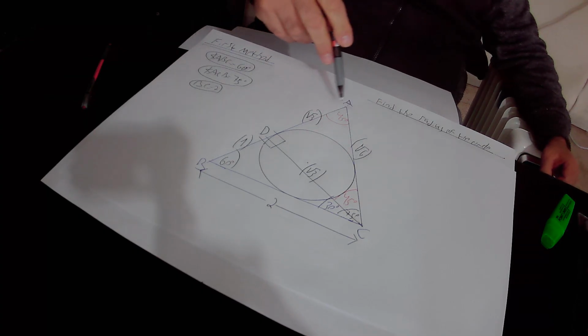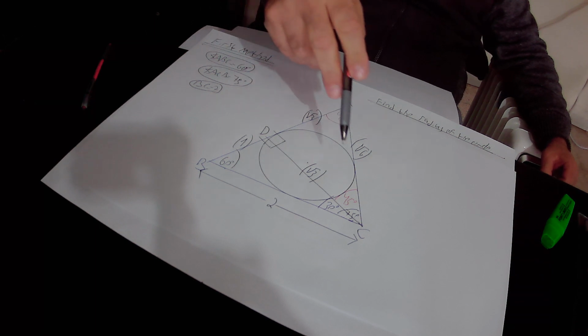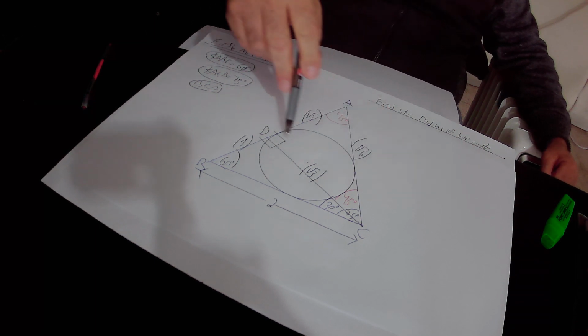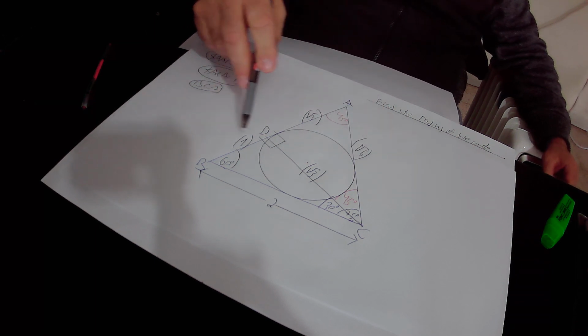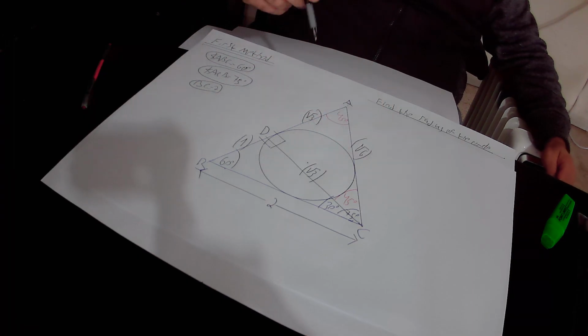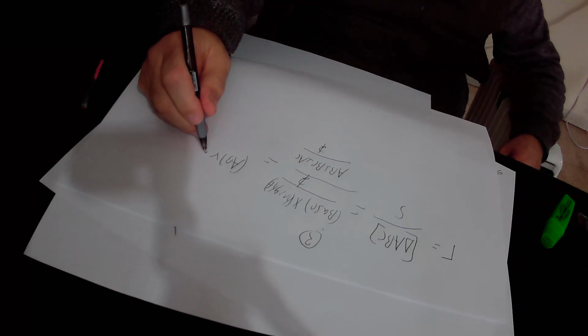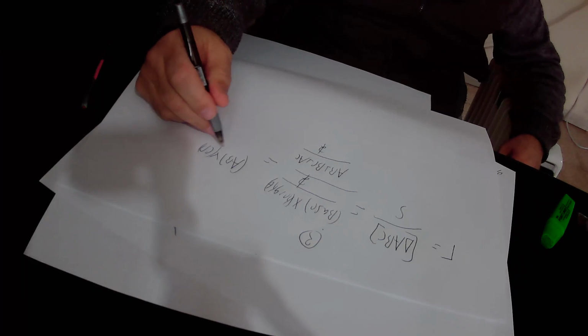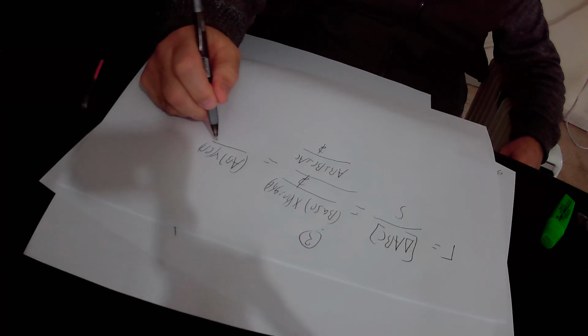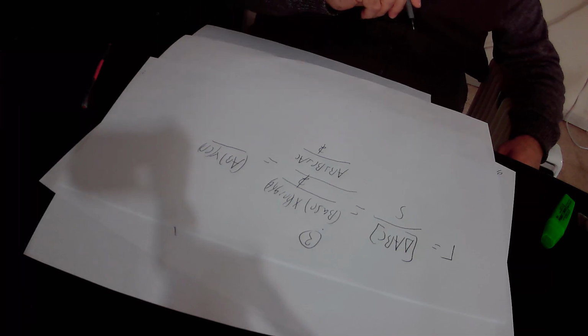The height must create 90 degrees with the base AB. Here, segment CD creates 90 degrees with the base AB, therefore the height is CD. Again, the height is CD, divided by, so 2 is cancelled.